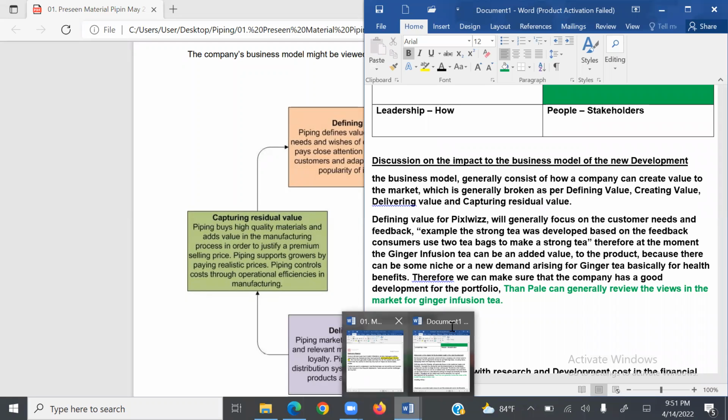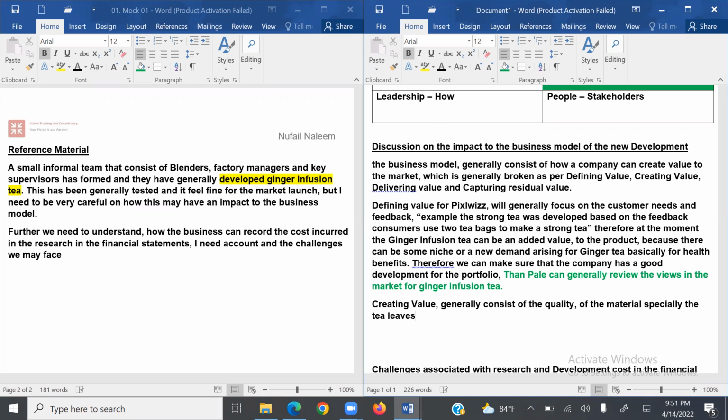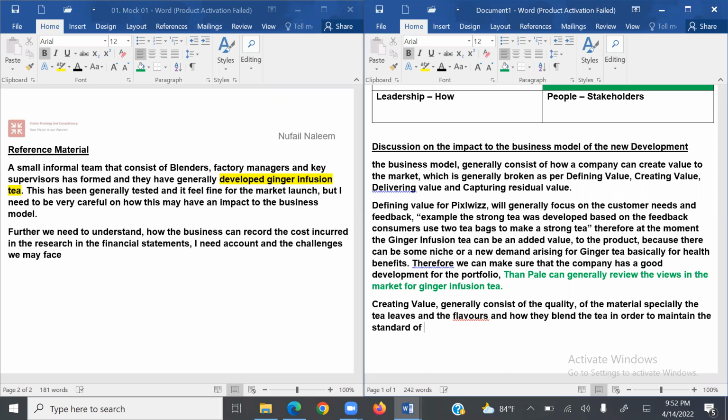Creating value generally consists of the quality of the materials, especially the tea leaves and the flavors, and how they blend the tea in order to maintain the standard of taste. Get this understanding very clear.